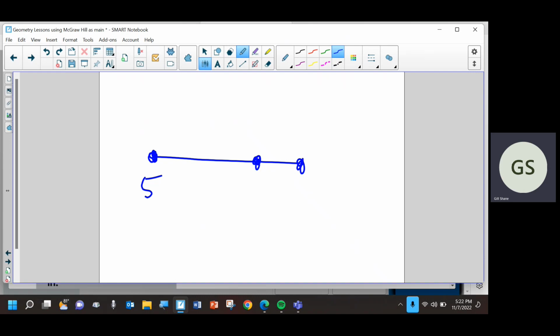So let's say this number is, I'm sorry, 8. Well, if that number is 8, then the next number has to be higher, but not a lot higher, because that segment from 8 to 9 is a much shorter segment than from 5 to 8.